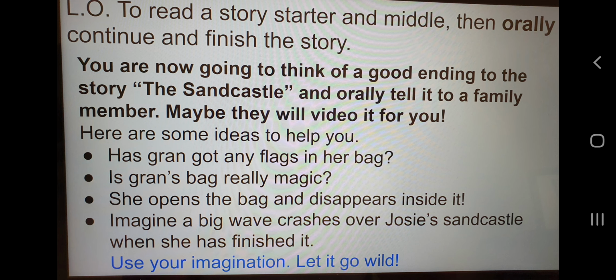What could she see? Does she get any flags? Another idea might be that a big wave crashes over Josie's sandcastle when she has finished it. I want you to use your imagination. Let your imagination go wild. Think of some great adventures or something that could happen.